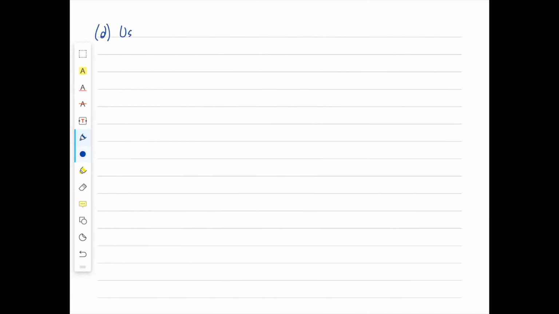Next, using the values in the table, we show that c tilde transpose d is strictly greater than 0. How are we going to do this?